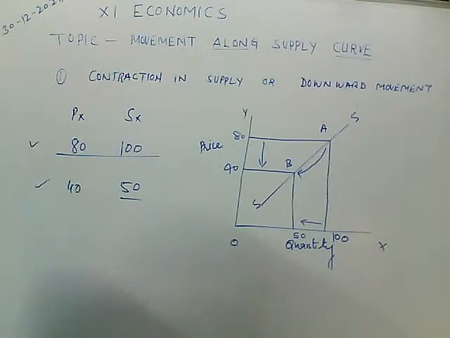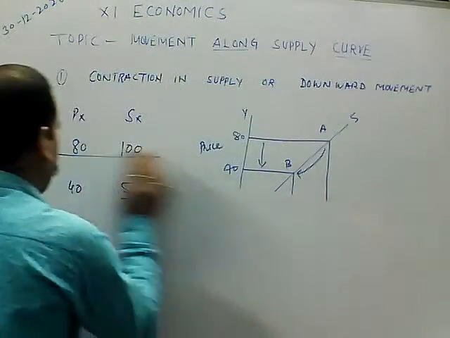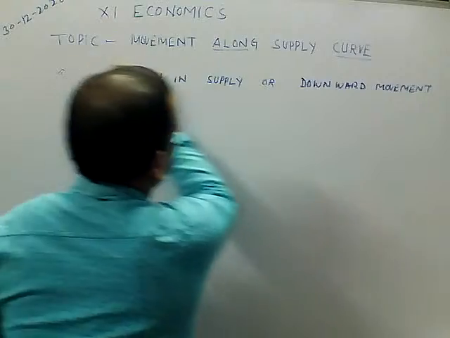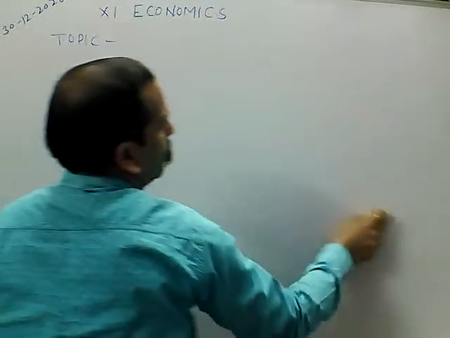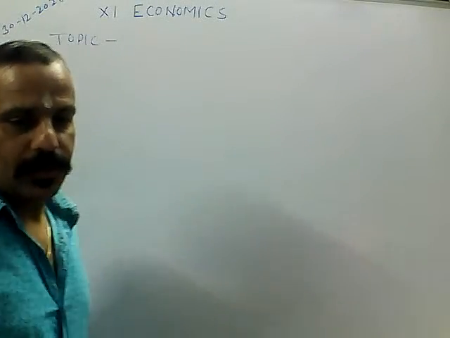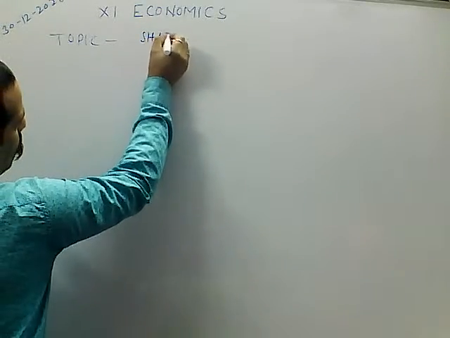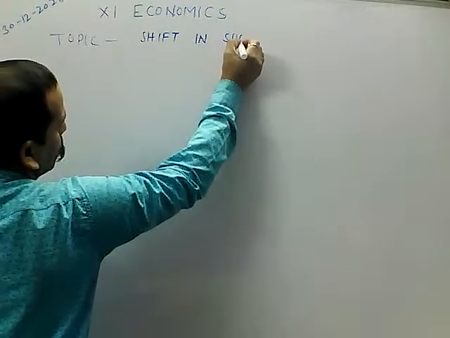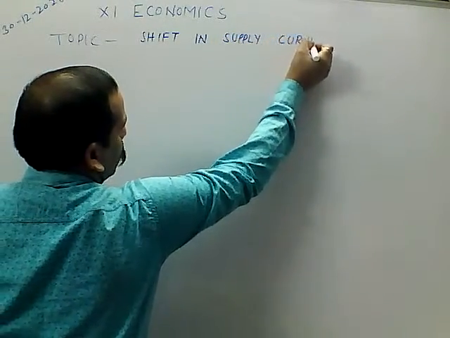Second point, second part. Increase and decrease in the supply curve, like increase and decrease in the theory of demand. Here, second, shift in the supply curve.